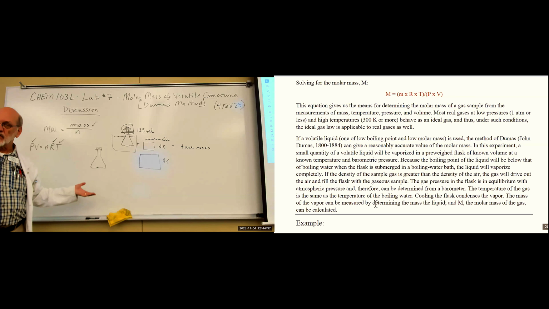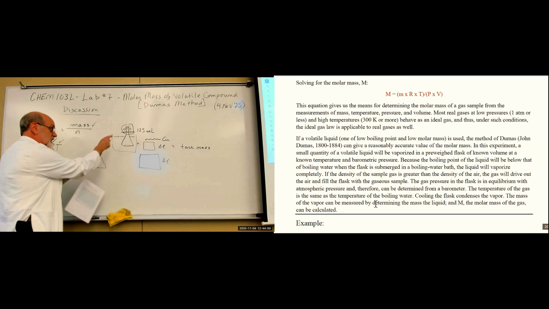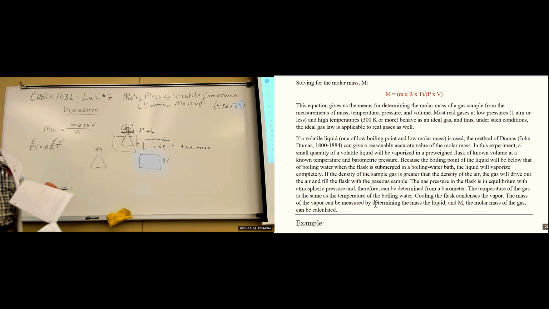If you know the mass of the water, and you know the temperature, now the temperature of the water you put in there is not that temperature. It's room temperature, something like 20 or 21 degrees.